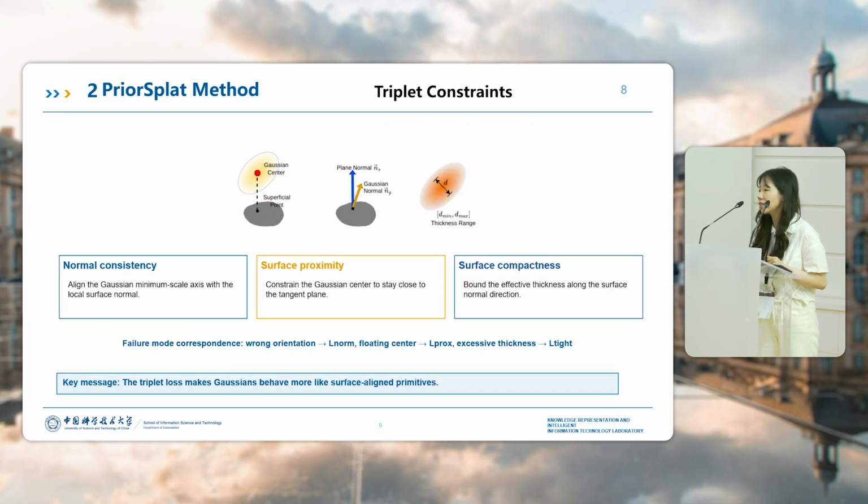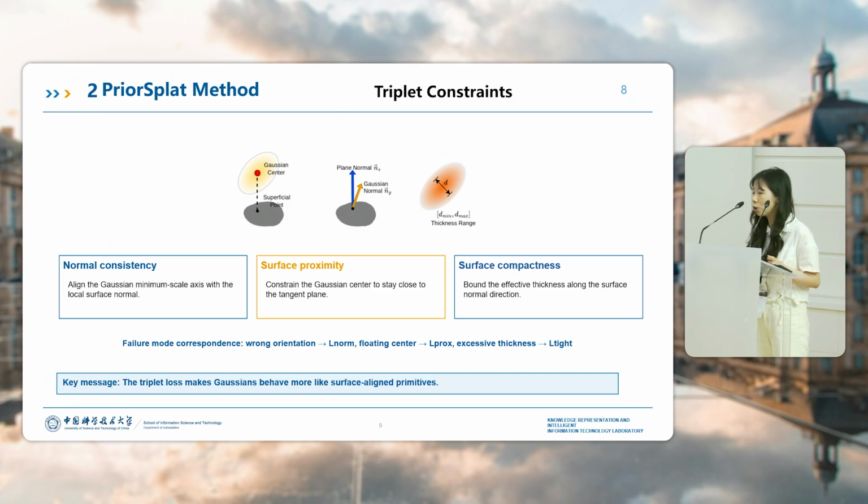With the surface cache in hand, we enforce three complementary geometric constraints on each Gaussian primitive. First, normal consistency. We align the minimal scale axis of the Gaussian with the local surface normal. This prevents wrong orientations. Second, surface proximity. We constrain the Gaussian center to remain close to the tangent plane defined by the nearest surface point.